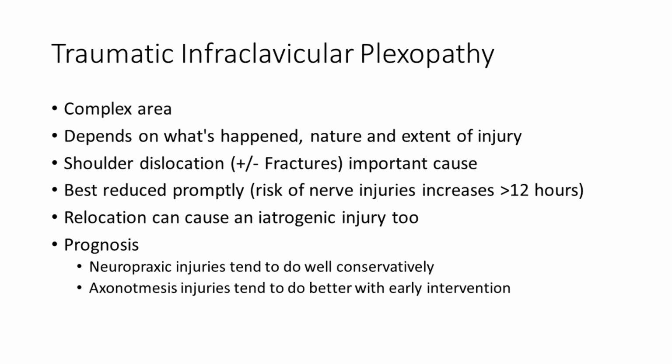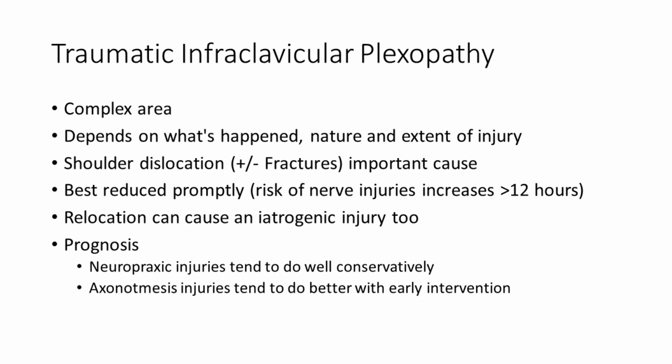In terms of outcome, it's best if these fracture dislocations are reduced promptly, as the risk of nerve injuries increases once one gets over the 12-hour mark. So the quicker one sorts this out, the better. Now, relocating the shoulder can also cause problems, can cause an iatrogenic injury where the doctor causes it.